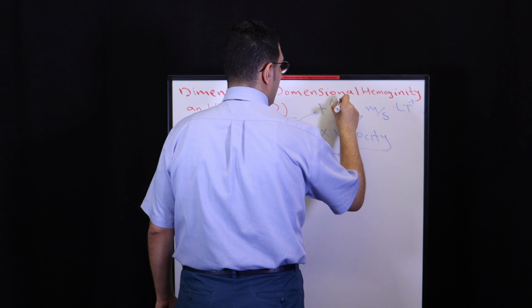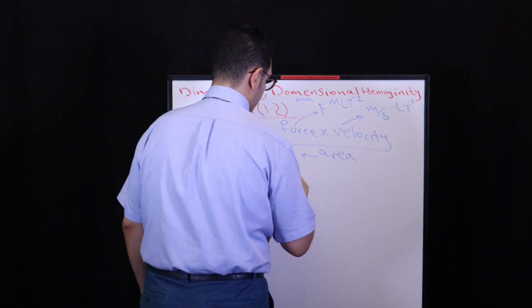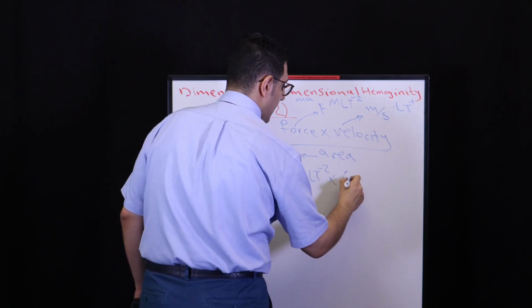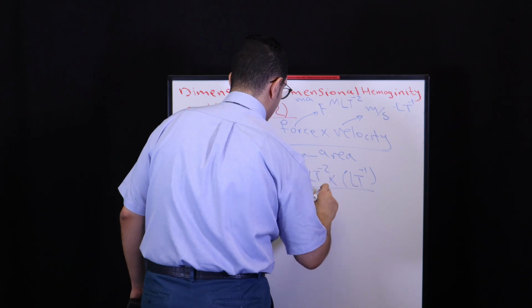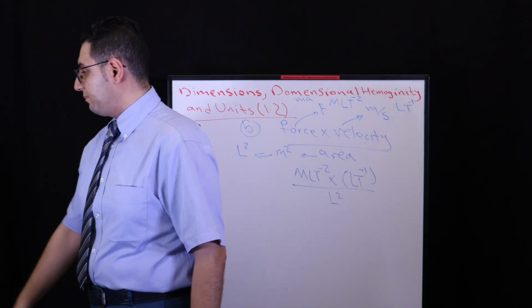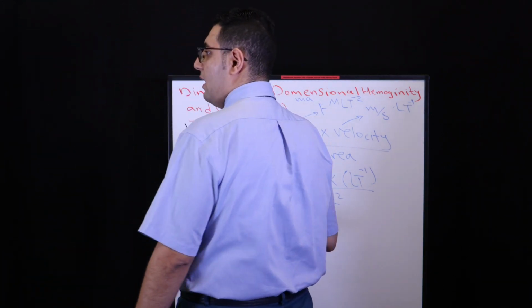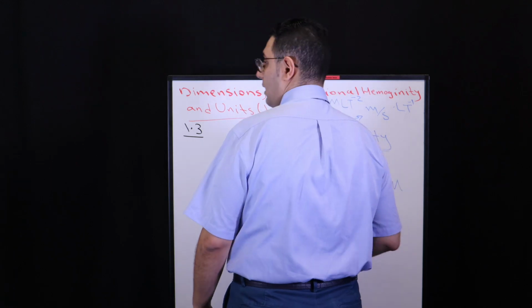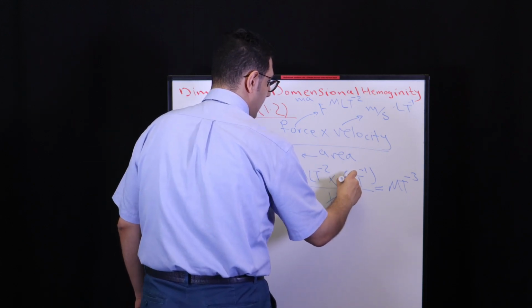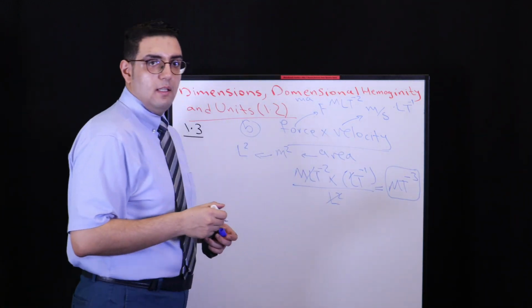Force is also MLT to the power minus 2, from the multiplication of M multiplied by A. So, MLT to the power minus 2 multiplied by LT to the power minus 1 divided by L squared. The L squared is going to be omitted, and we are just going to have MT to the power minus 3.